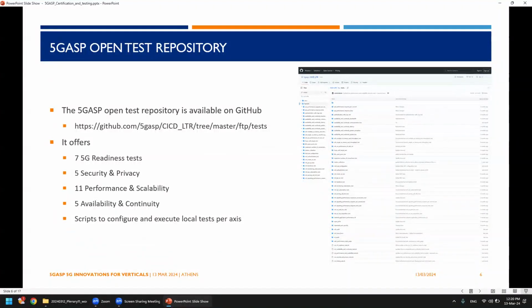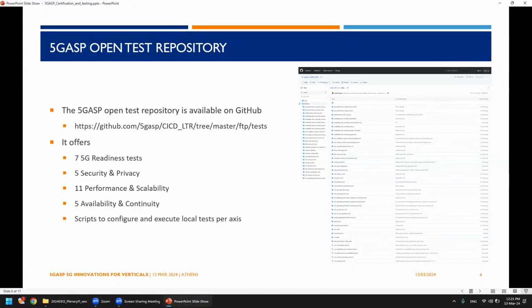What 5GASP is fond of is that all these tests, or at least the tests that have been developed within 5GASP regarding these 4 axes, are available through our open test repository, which is accessible through GitHub. It's also a public repository, so someone does not even need to be included in the 5GASP organization. This repository offers some tests on each axis.